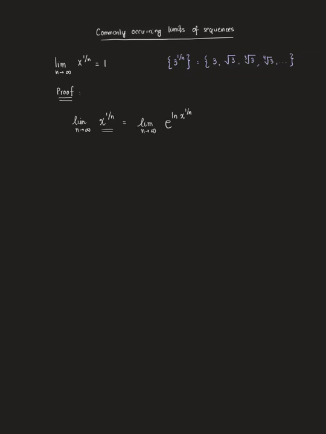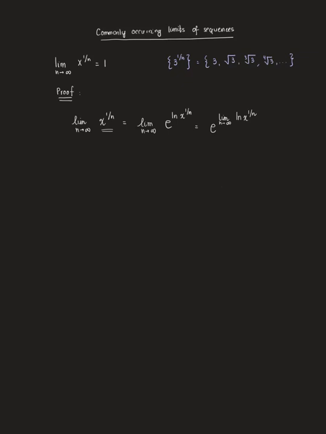What that allows us to do is a couple of things. First, since e to the x is a continuous function, I can move the limit to its exponent, because for continuous functions, the limit of the function is the function value. So this is the same as e to the limit as n approaches infinity of the natural log of x to the 1 over n.